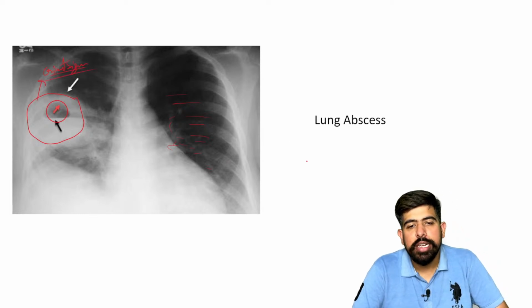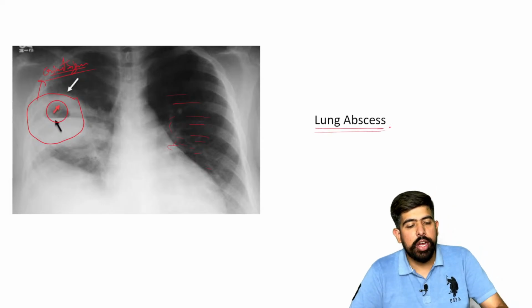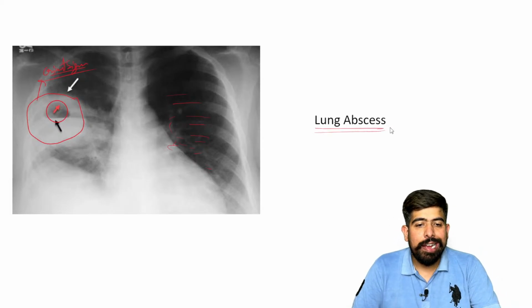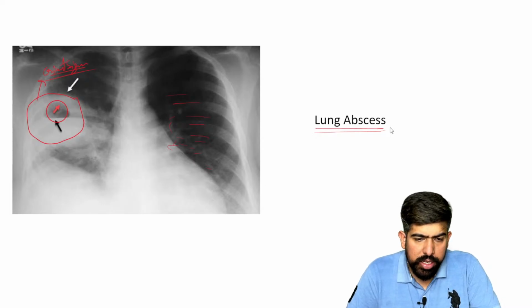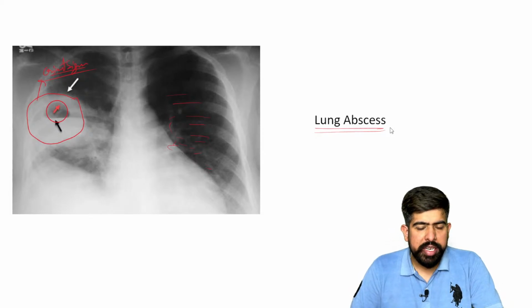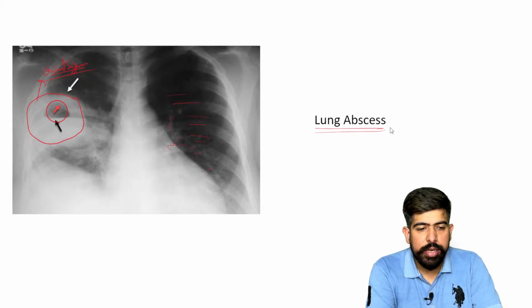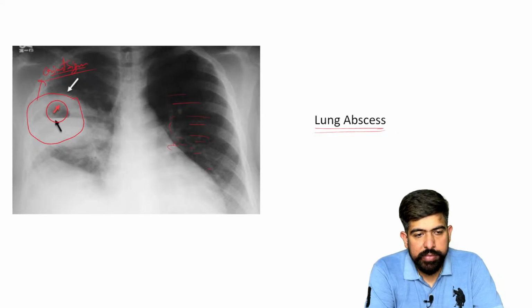This is known as your crescent sign, and this is classically seen in the image of lung abscess, right? Yes, doctor. So if there is a lung abscess, the crescent sign will be seen on your chest X-ray. Okay.